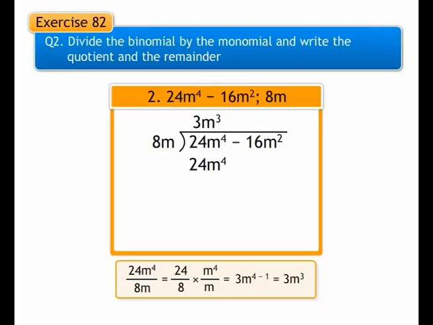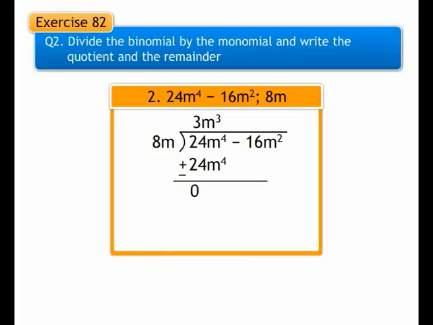As you all know that this 24m raised to 4 has no sign, it means it is a positive monomial, and therefore we have to change the sign of the monomial written below the dividend for subtraction. Thus, after subtracting minus 24m raised to 4 from plus 24m raised to 4, we get 0.